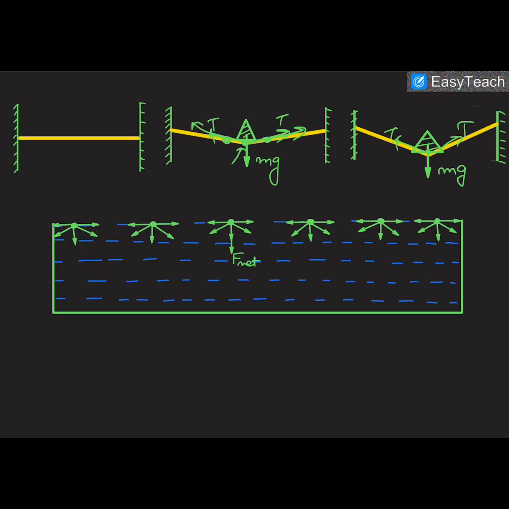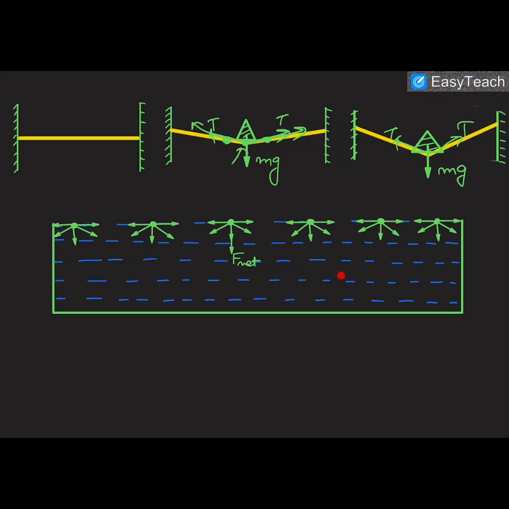This property of the liquid is called surface tension, and this surface tension arises due to the cohesive forces acting between the molecules of the liquid. And this obviously, as the name suggests, is a surface phenomenon.